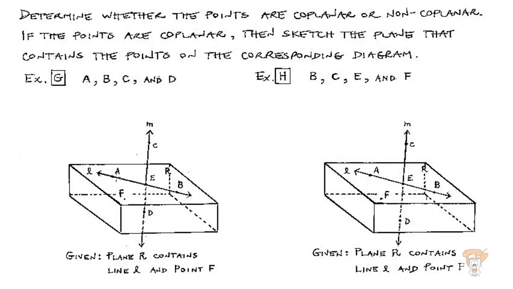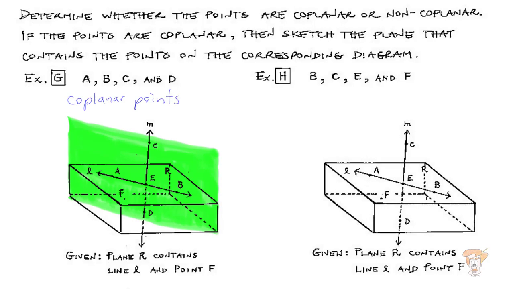In example G, A, B, C, and D can be contained by a flat surface. Since a plane extends in all directions without end, this plane can be shown to extend to include C. Therefore, A, B, C, and D are coplanar points.